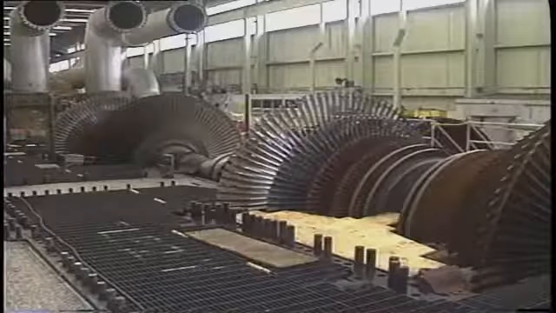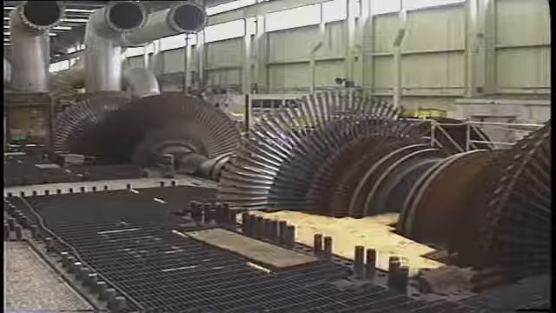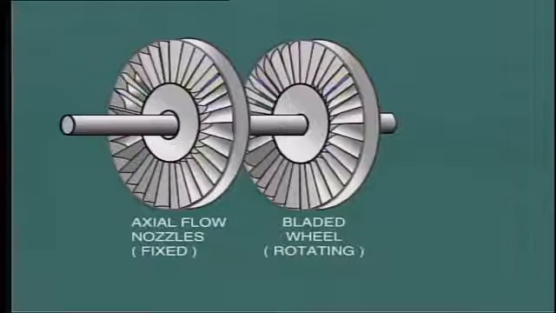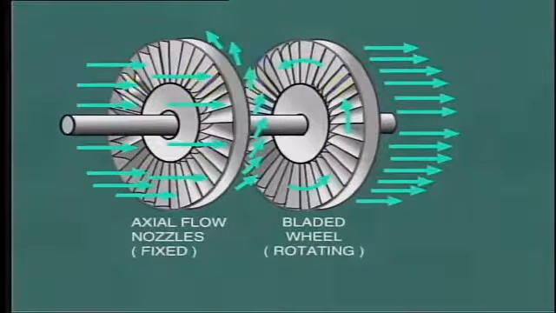As we know, the heart of the turbine, the bit that makes it work, is the relationship between the fixed and moving blades. The fixed blades guide the steam onto the moving blades. As the steam passes through the moving blades, it causes the disc to which they are attached to rotate, and consequently the shaft rotates.